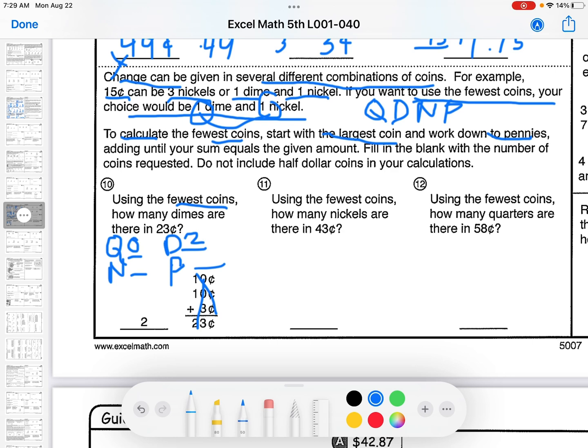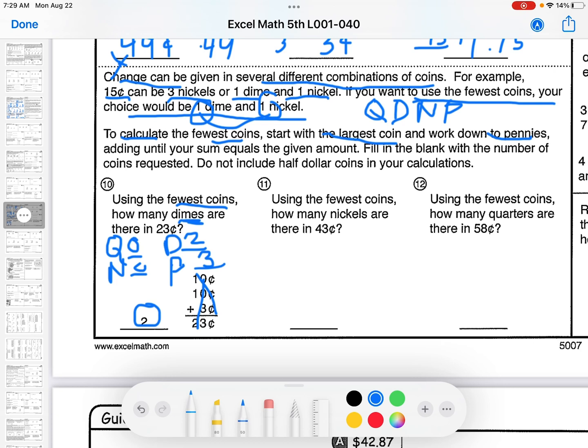Well, you can't add a nickel to 20 cents and get something smaller than 23 cents. So that's 0 nickels. How many pennies? 3 pennies. All right, so the correct answer is 2 dimes and 3 pennies. And it says, how many dimes are there? There's 2 dimes, and they wrote it right there. Pause the video, try number 11, and then turn it back on.